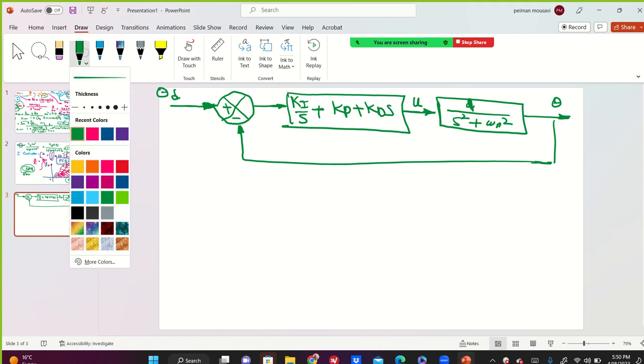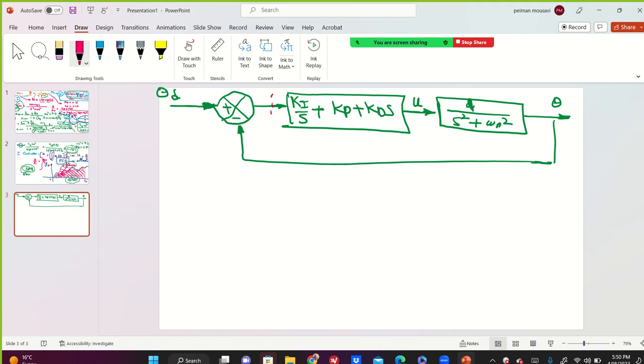So now your new open loop transfer function is this, G new.